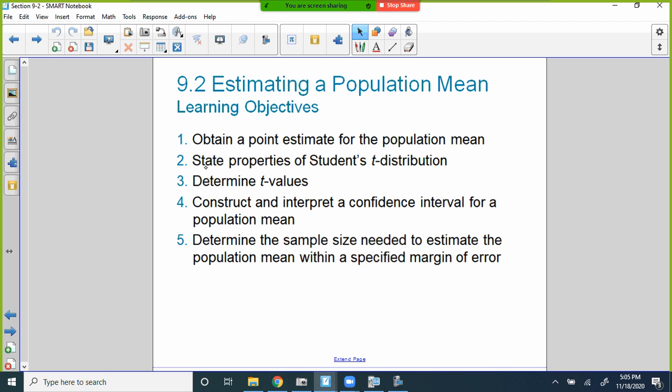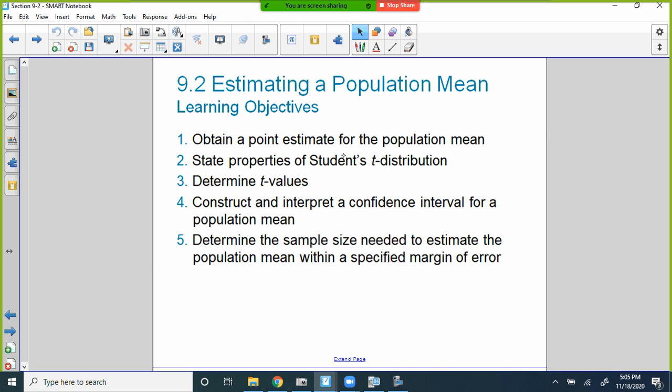But for the population mean, we're dealing with just means, okay, and predominantly just the sample mean, all right? So just kind of know that. We'll look at some theory in here, and I'll explain what we're going to be doing with that, okay?